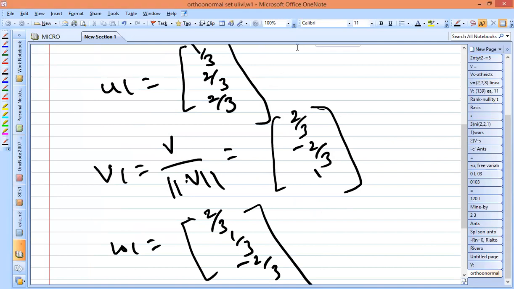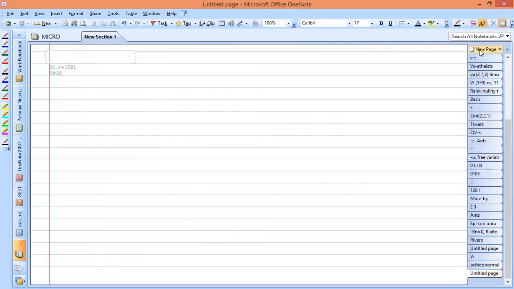So after getting U1, V1, W1, this is not yet over. Further calculation is there.